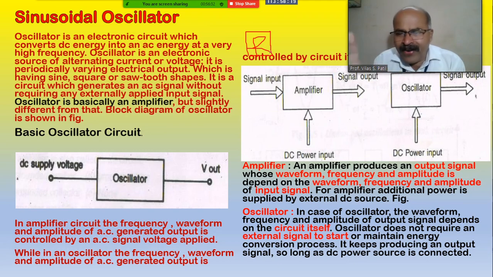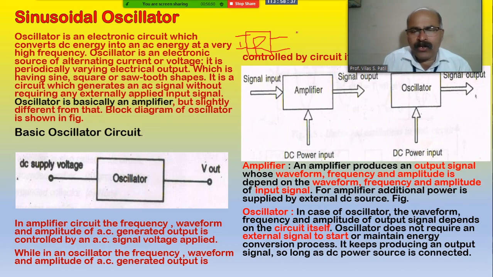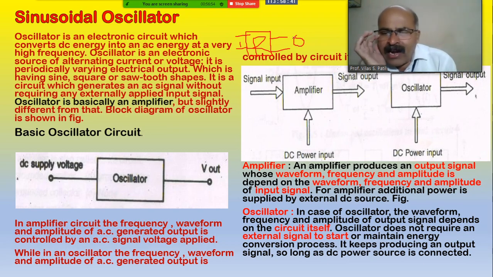It may be half wave rectifier, full wave rectifier, or bridge rectifier, and these are the two wires that will be known as input, and these are two wires that will be known as output. Input will be shown by the letter I and output will be shown by the letter O.